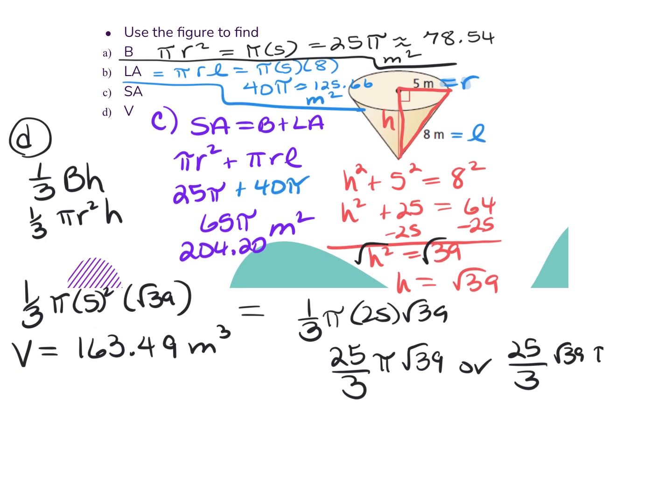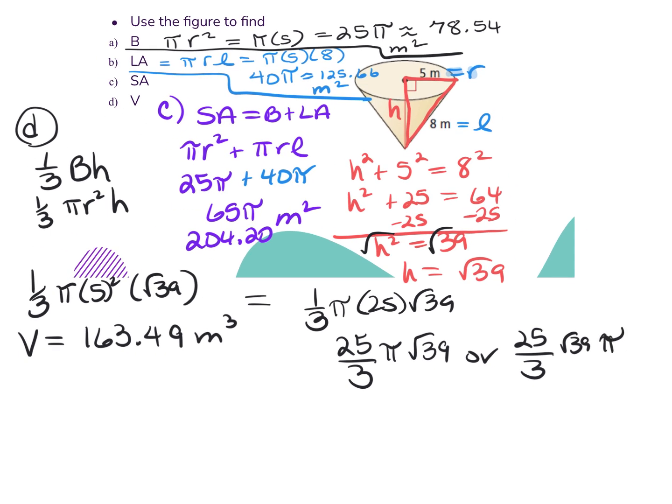You could leave the pi at the end or in the middle. That would have been simplest radical form and in terms of pi. More than likely on a question like this, I'm going to ask you to round to the hundreds place. Either way, these are meters cubed. But again, just read the instructions. I may ask you to find it in terms of pi, but maybe not with a radical.